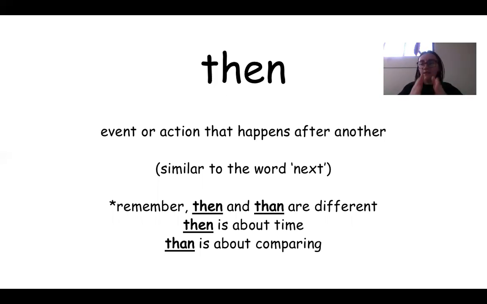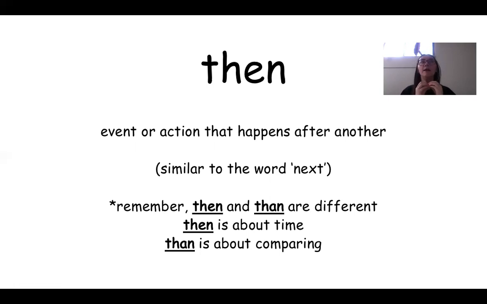You do this first, then you do this. We were walking, then it started raining. It's talking about the order of events, it's talking about time, right? But if you use the word than with an A, THAN, it is about comparing things.